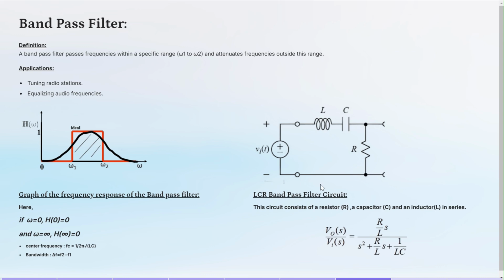And now we talk about the real and ideal conditions of this graph. An ideal band pass filter is perfectly flat within a range with sharp cutoff at omega 1 and omega 2. And a real band pass filter has a gradual transition with non-zero gain at the peak due to the resistance.